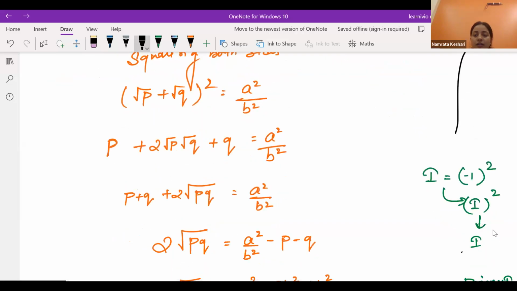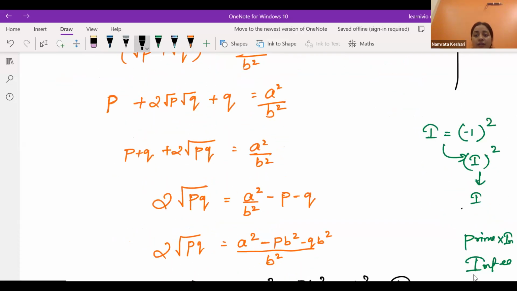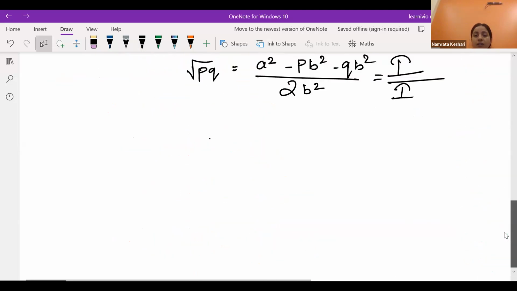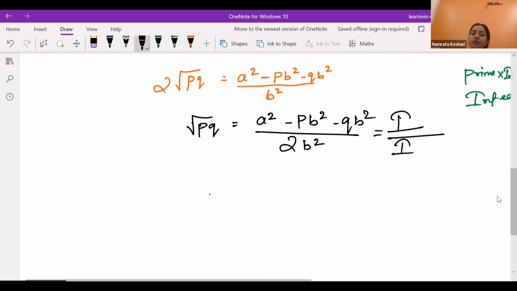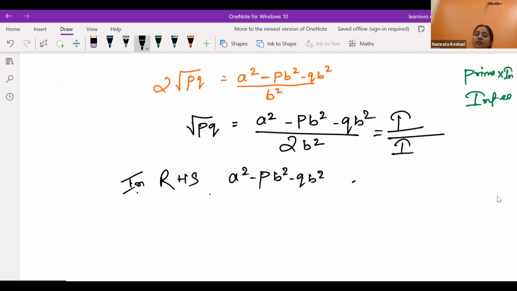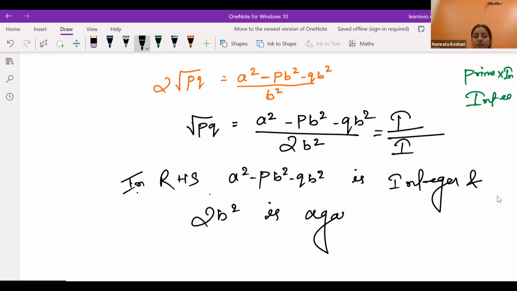Is it clear, Inan? Here we will write that the numerator is nothing but an integer, and the denominator is nothing but an integer, hence integer by integer is rational. Here we will write, in the right hand side, a square minus pb square minus qb square is an integer, and 2b square is again an integer.